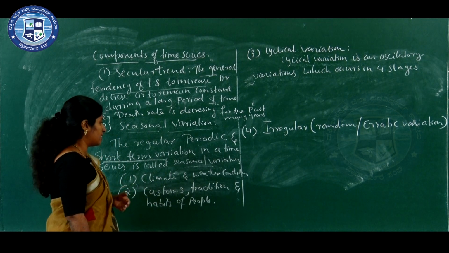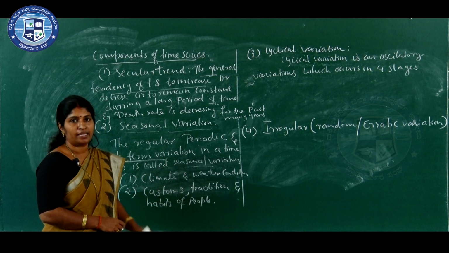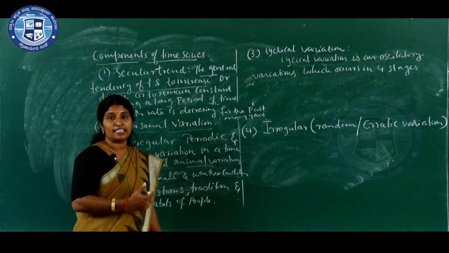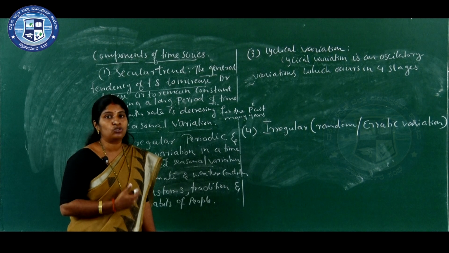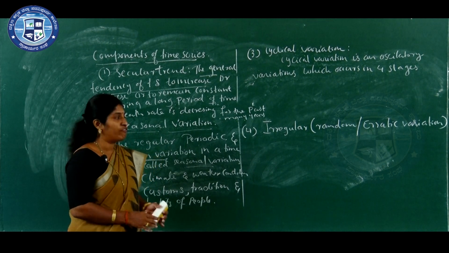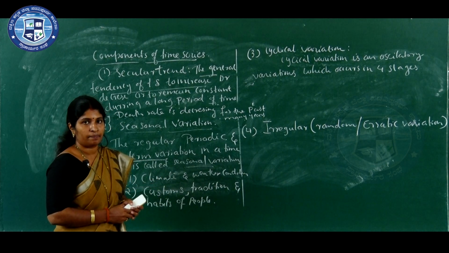Second one, customs, traditions and habits of people. Now, an example is, there is a great sale of ice creams and cool drinks in the summer season. That is an example for seasonal variation.